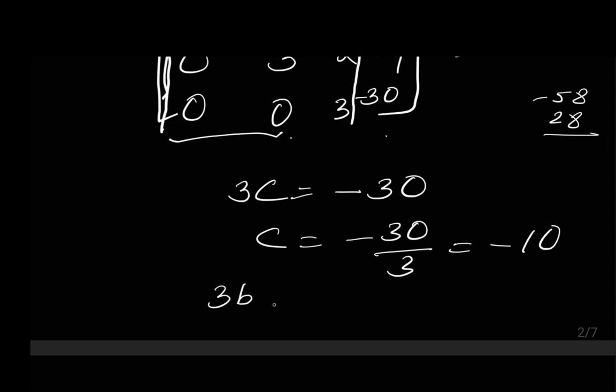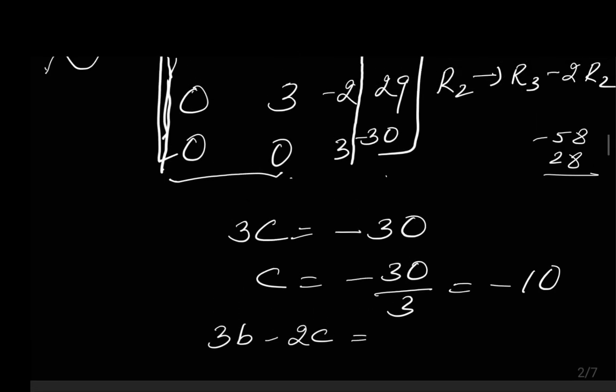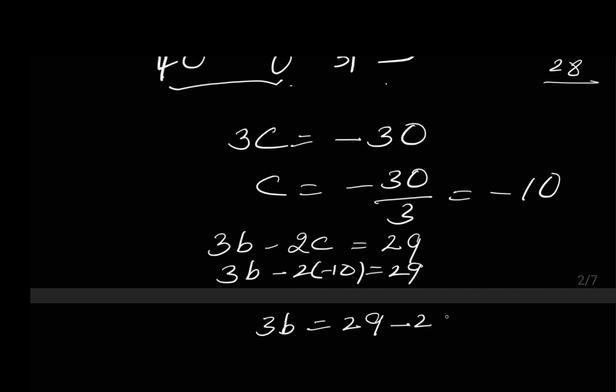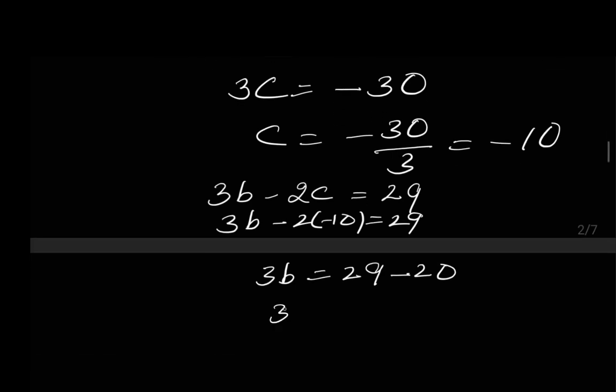A coefficient is 0. 3B minus 2C is equal to 29. But C is here minus 10. So 2 into minus 10, equal to 29. So 3B plus 20. So when it goes to the other side, it becomes minus 20. 3B is equal to 9. B is equal to 3.